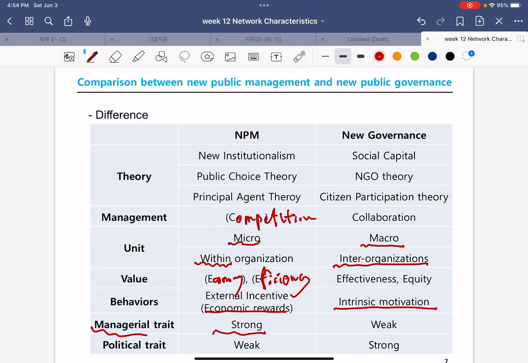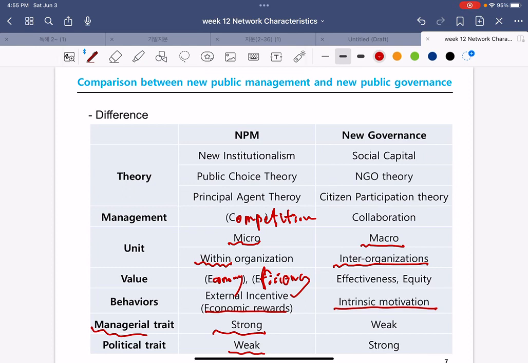Also, because NPM emphasized management, NPM has a weak political trait.